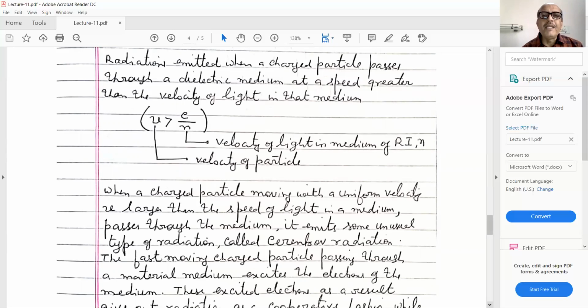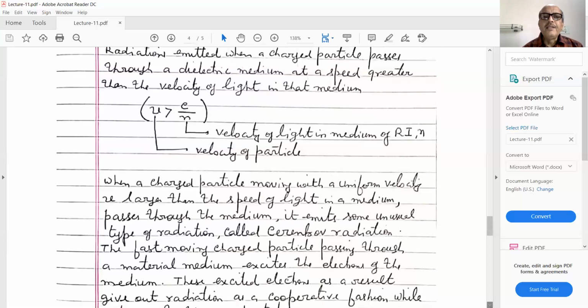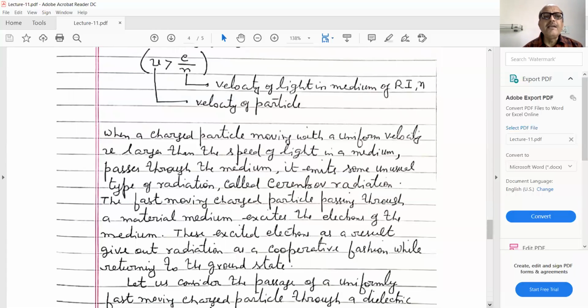So the fast moving charged particle passing through a material medium excites the electrons of the medium. When the charged particle passes through the medium, by a cooperative phenomenon, the electrons go into excited states. These excited electrons, as a result, give out radiation in a cooperative fashion while returning to the ground state. Because you know that there are two types of radiations: radiative and non-radiative.